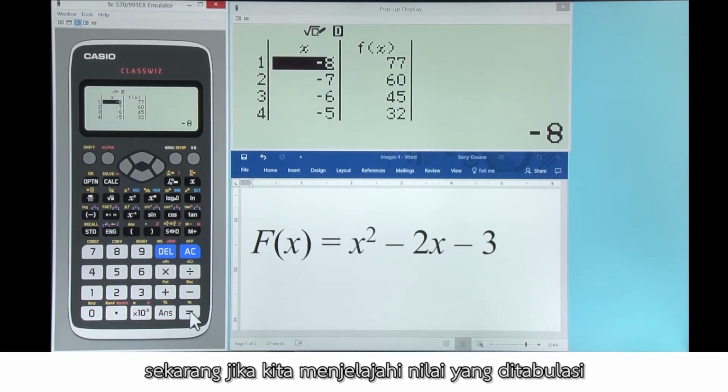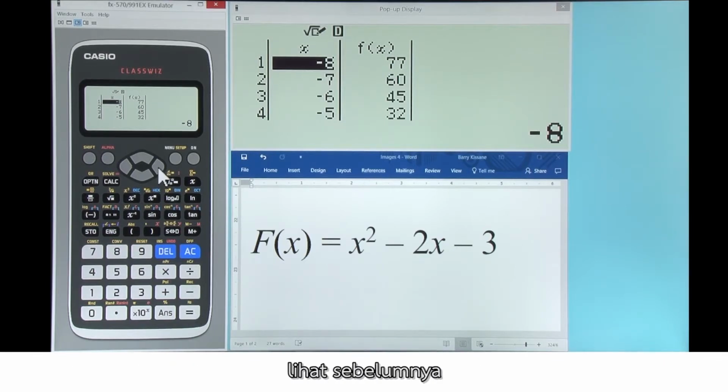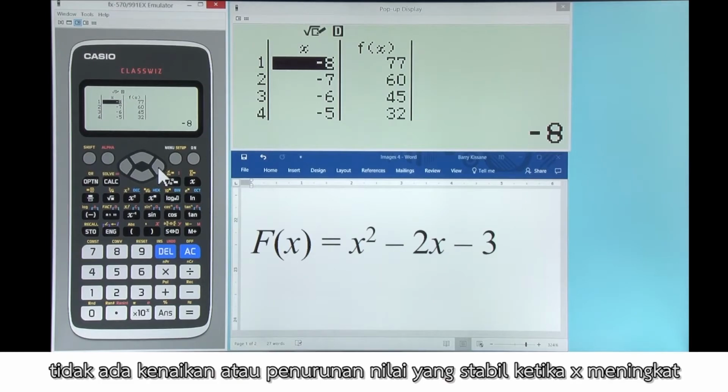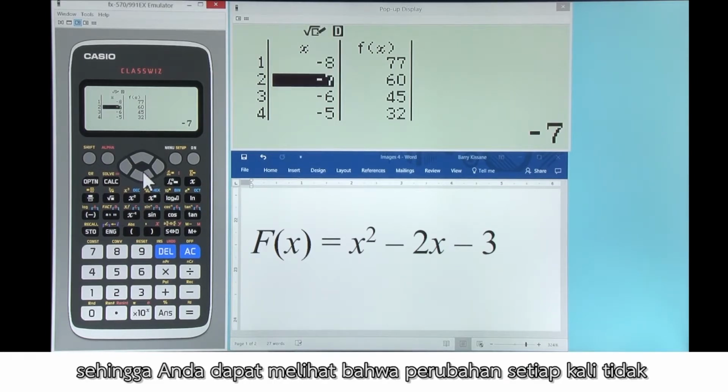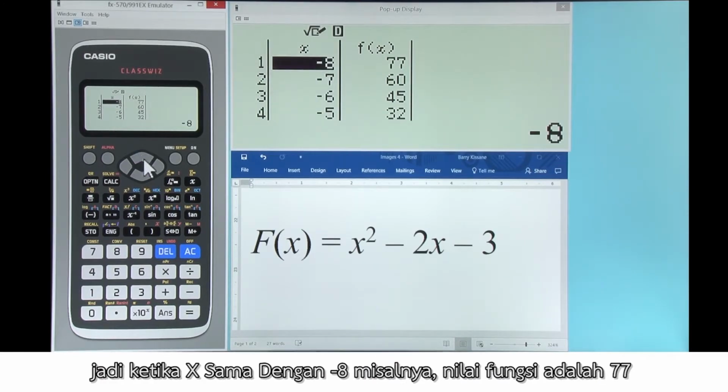Now if we explore the tabulated values, it's clear that this quadratic function is different from the linear functions that we saw previously. There's not a steady increase or decrease in value as x increases. So you can see that the change each time is not uniform as it was before. So when x is equal to negative 8, for example, the value of the function is 77.